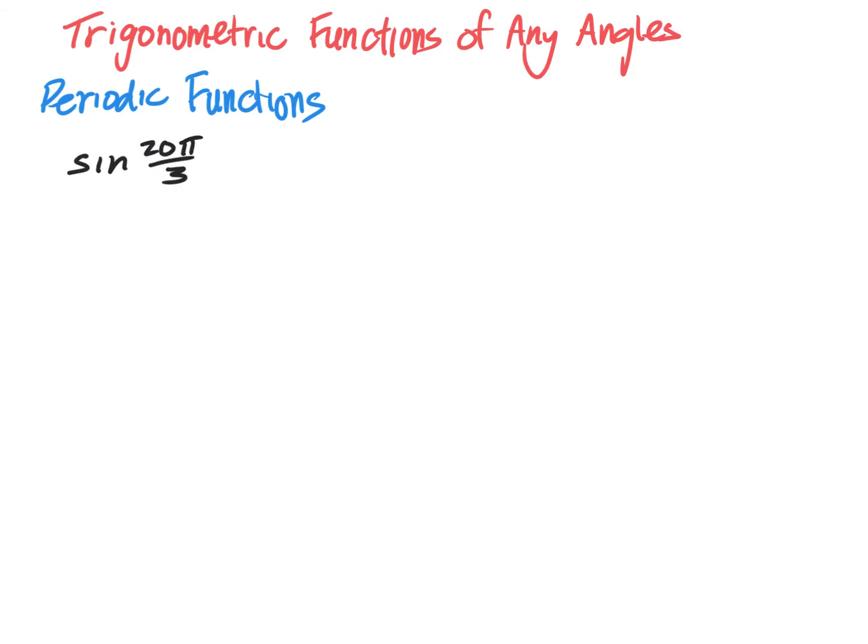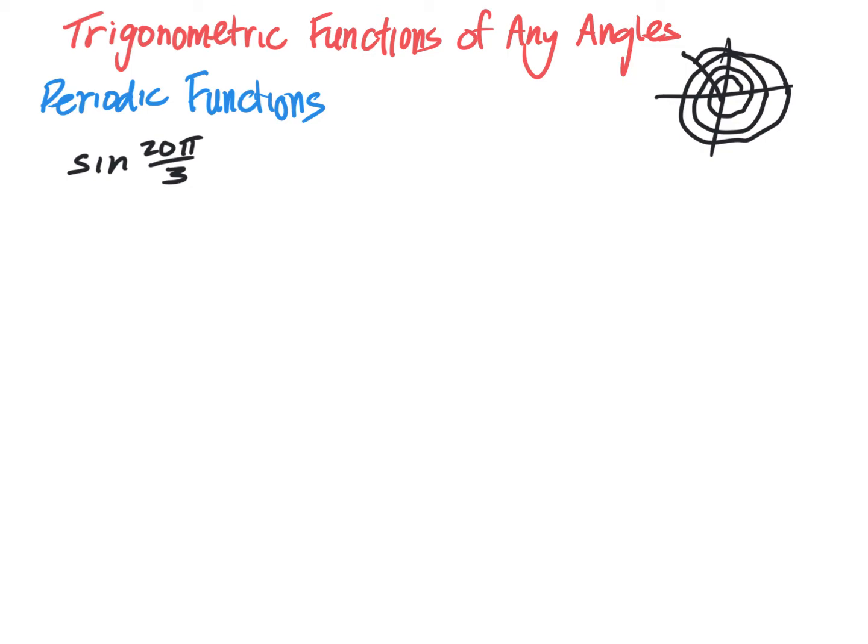20 pi over 3. In order to do that, we found that 20 pi over 3 was us going around a circle 1 time, 2 times, 3 times, and then ending up a little bit out here with an additional 2 pi over 3.